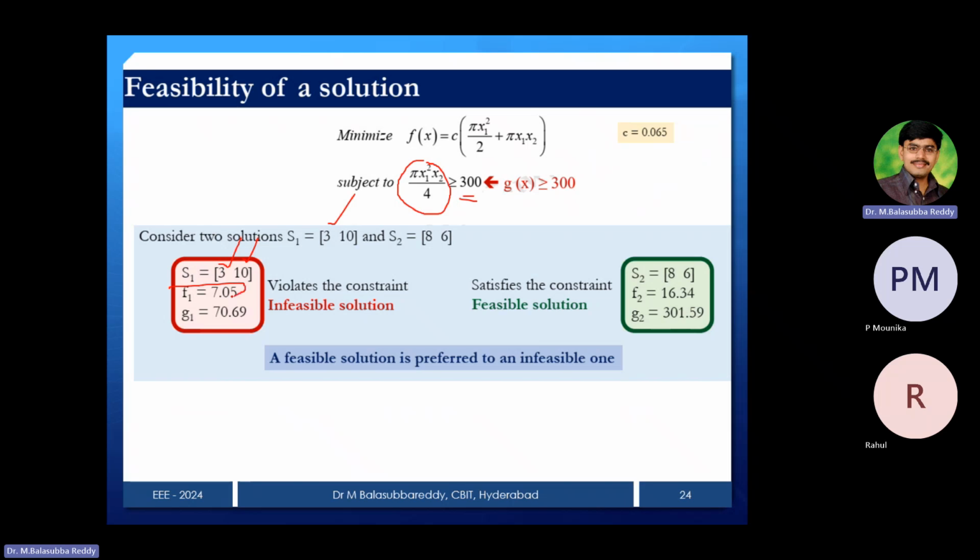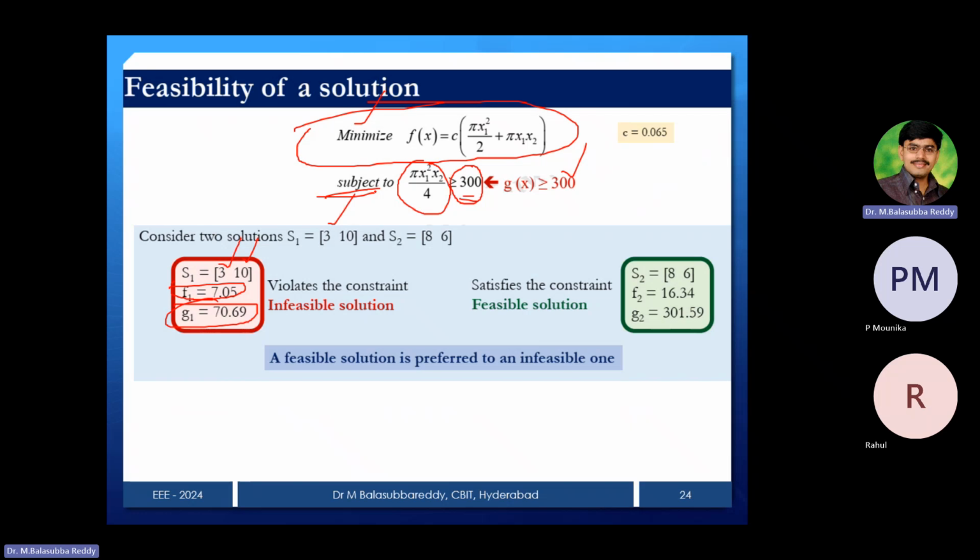Then our function f1 is equal to 7.05, and g of x we got is 70.69. They mentioned g of x must be greater than or equal to 300. Even though you calculated x1 and x2 by minimization, it fails to meet the constraint. That's why this solution will not be taken into account. That is the problem actually.